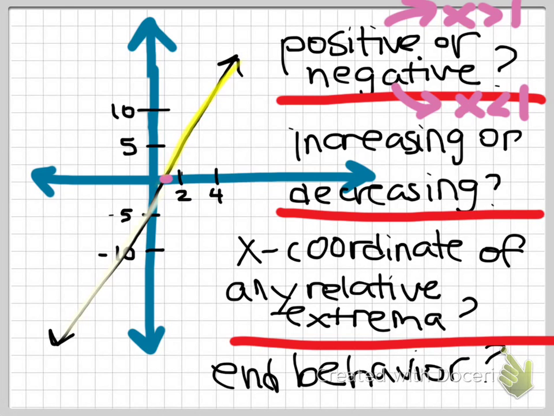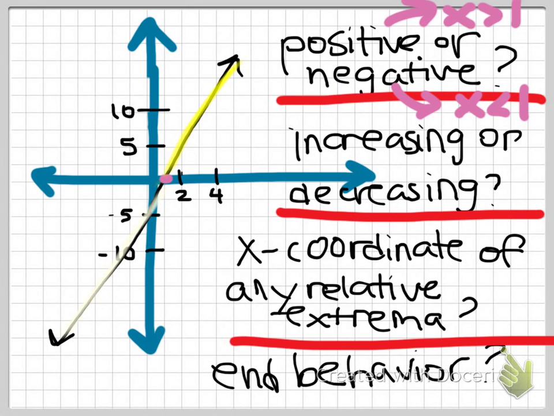Now we'll look at whether the graph is said to be increasing or decreasing. Now, when you have increasing or decreasing, the graph has to be either increasing or decreasing. Sometimes it can increase, then decrease, then increase, then decrease. So in this case, this line that is drawn is consistently increasing, meaning from left to right, the line is going up.